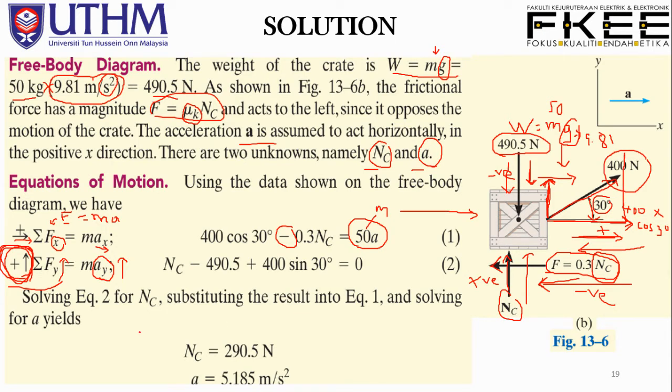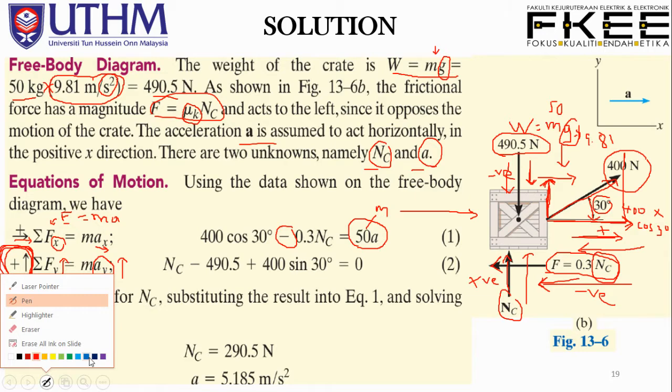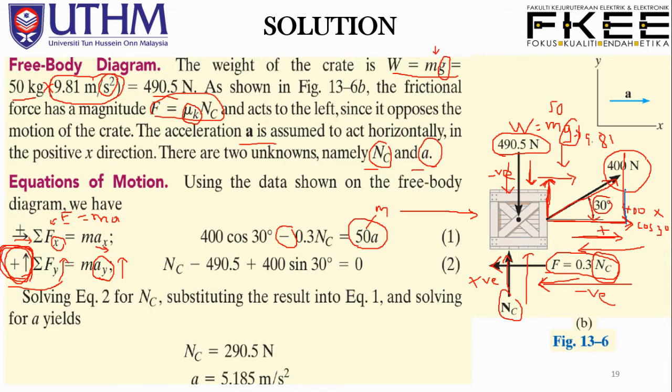The one I wrote in blue can be here also, acting upward. If you refer to trigonometry, this blue line is actually 400 multiplied by sin 30 degrees.